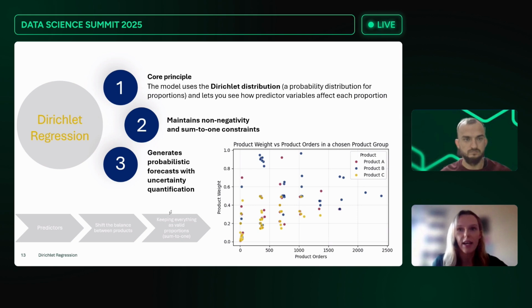You get the entire distribution, not just a mean prediction. Moreover, you can have different covariates influencing different products' proportions. Maybe product A is more seasonal, product B responds to promotions differently. The regression framework handles this naturally.